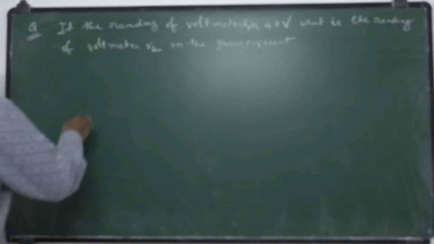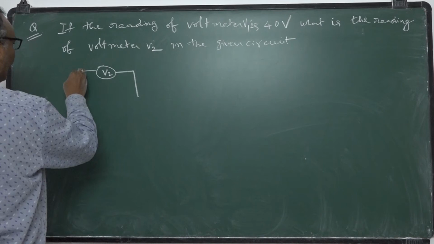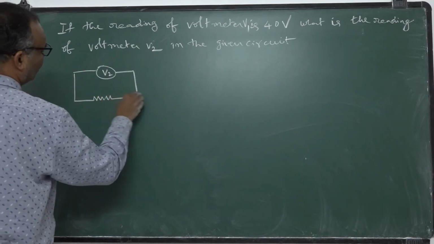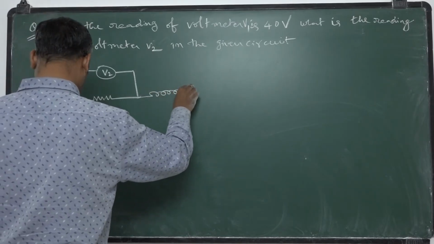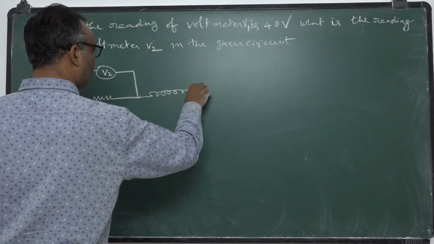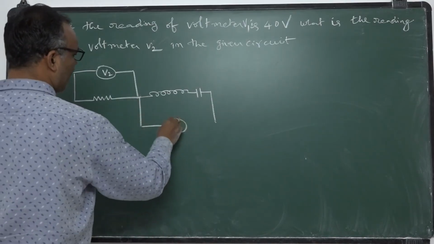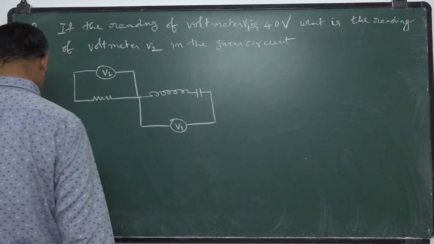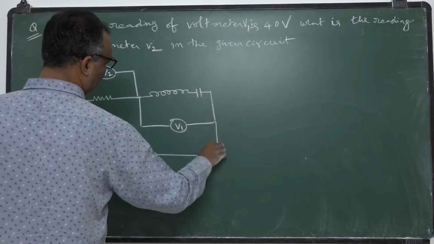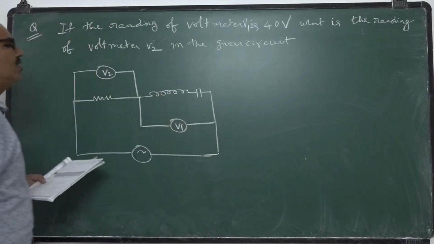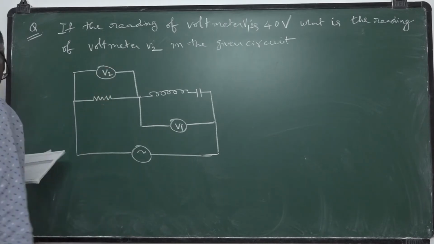The circuit diagram is like this. Here is voltmeter V2, whose reading we need to find. It is connected across the resistor, and the inductor is like this. So the circuit they gave is like this, V1 and V2, both connected to an AC source like this. This voltage is across the inductor, this voltage is across the resistor.